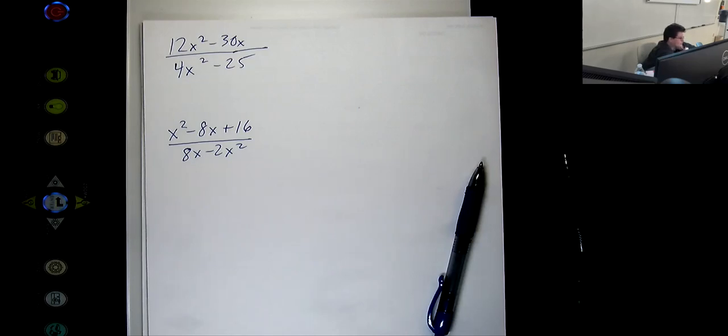So what you're trying to do is factor the top and the bottom separately. And there's nothing magic going on here. The top one is just two terms, so you're looking for a greatest common factor. You might have a difference of squares going on, but I don't have any cubics or anything like that.